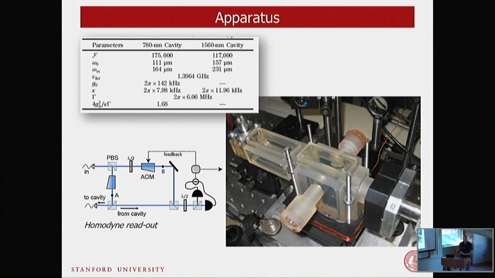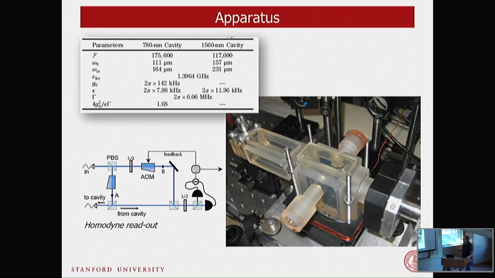And once you figure out how to add those mirrors, stabilize the cavity, and do all the rest, the incremental experimental complexity is not extraordinary. So it's reasonable to think of this going beyond some heroic experiment that you do in a quantum optics lab to something that's useful for measurement.